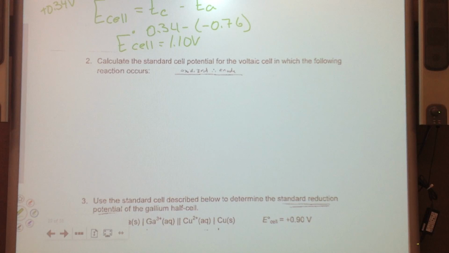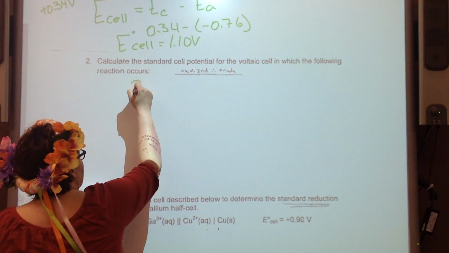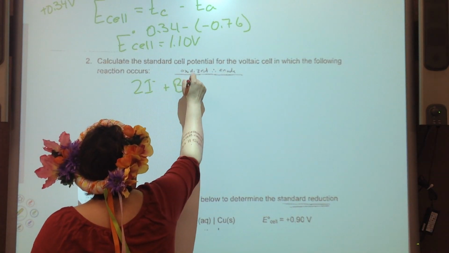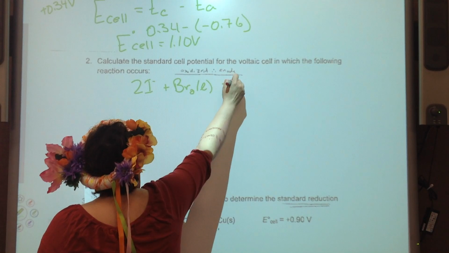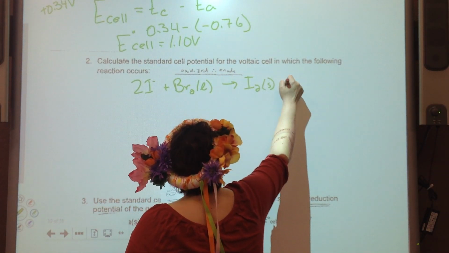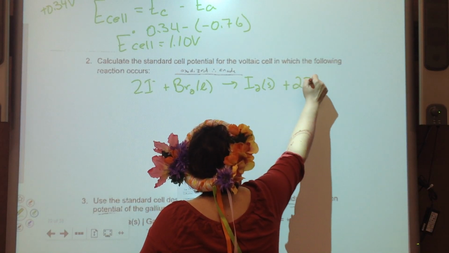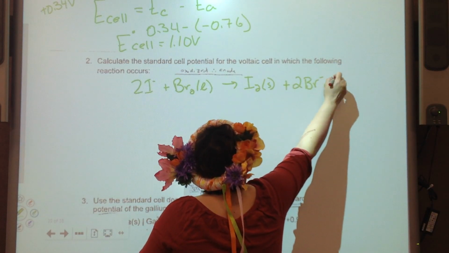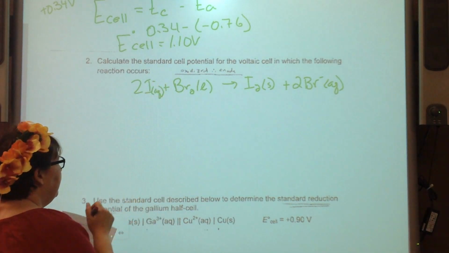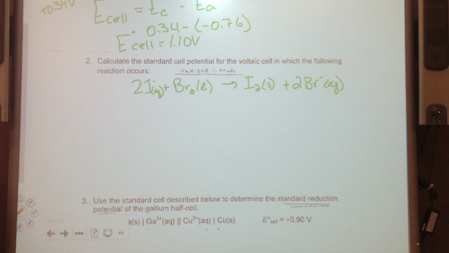Calculate the standard potential for the voltaic cell in which the following reaction occurs. This is the reaction. So what's the first thing that we have to do?